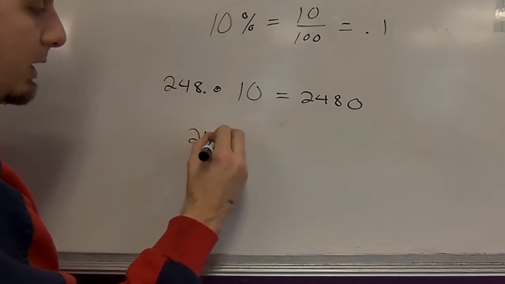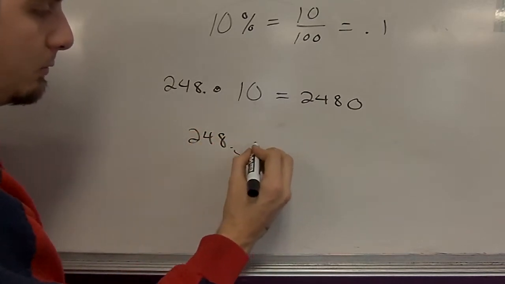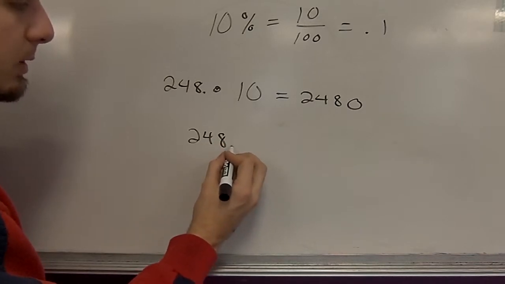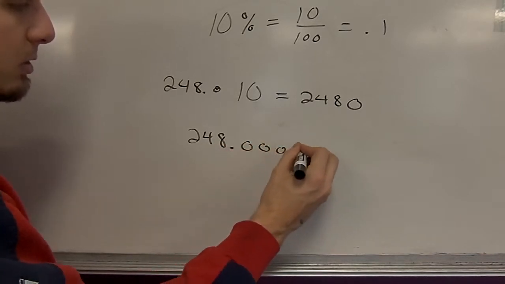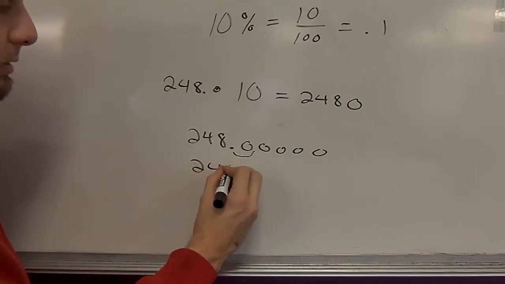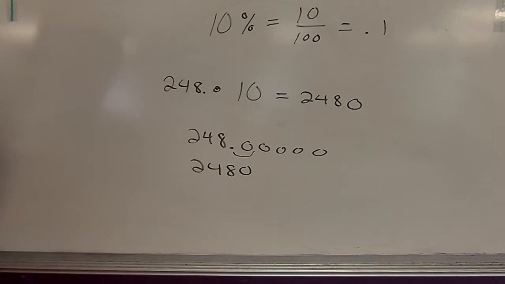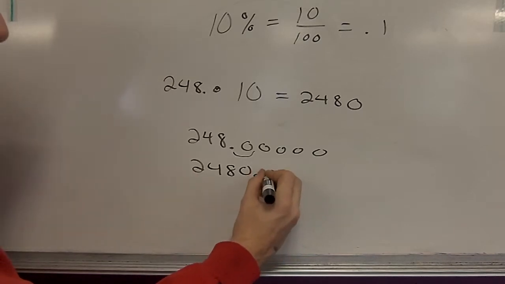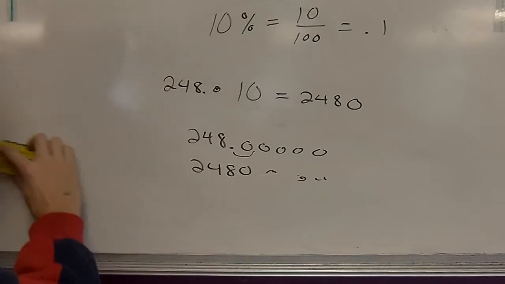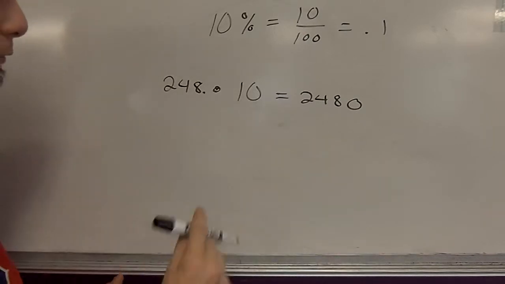The other side of that decimal on 248 is full of zeros, an infinite amount of zeros. So when I move that decimal over once, I then get 2,480. Technically there's 0.00000, but all that's happening when you multiply by 10 is the decimal moving over once.